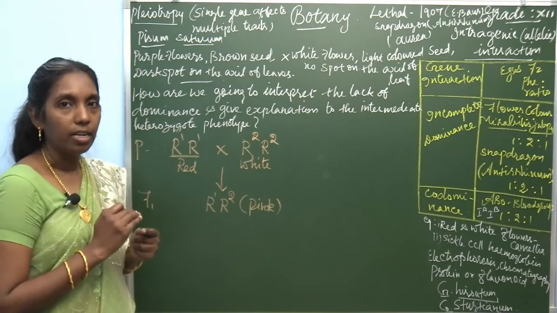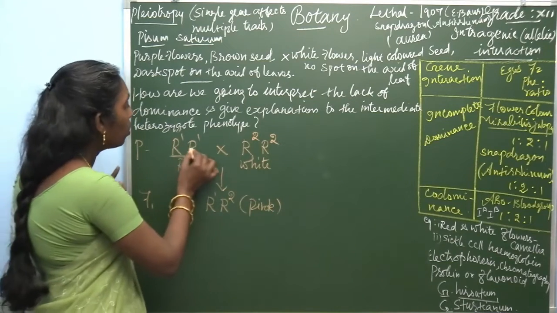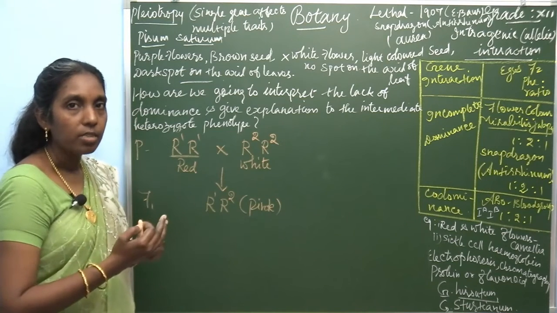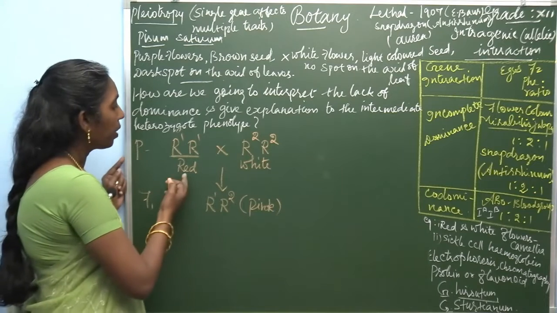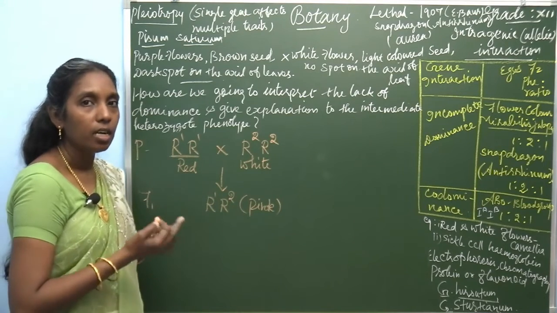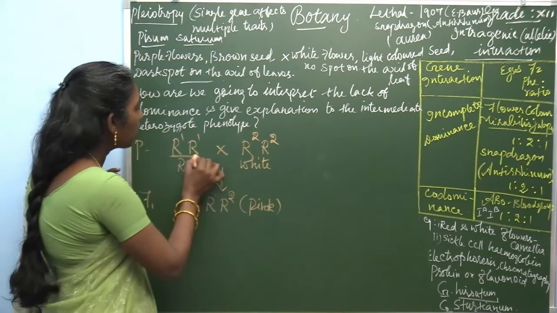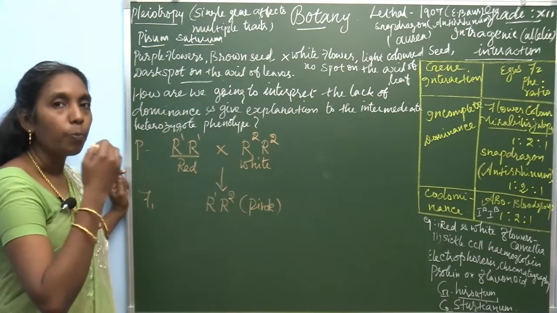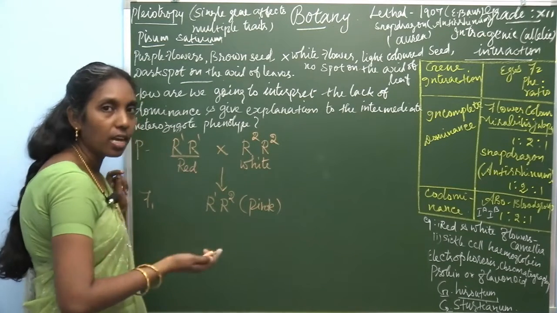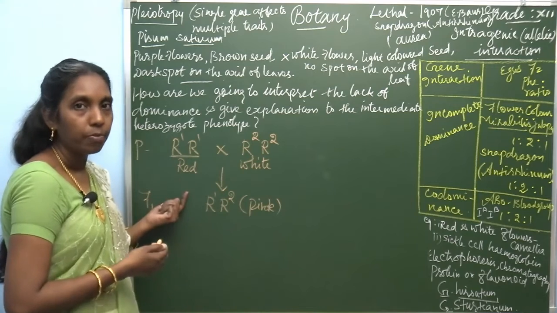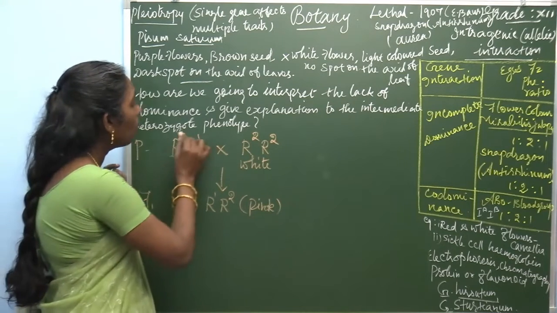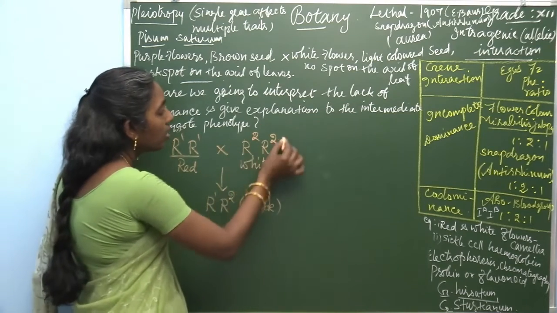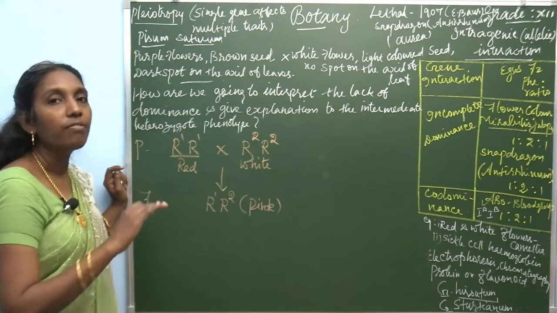The allele R1 codes for an enzyme which synthesizes the red color pigment, so it gives the color red. There is a functioning enzyme present in R1 which synthesizes the red pigment, so that the homozygous dominant gives the color red.